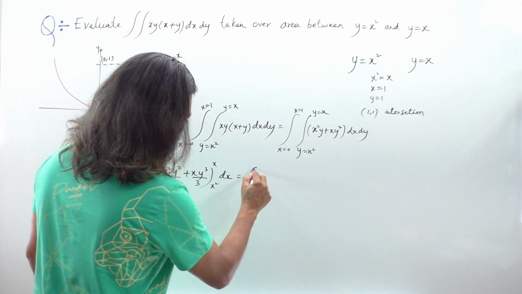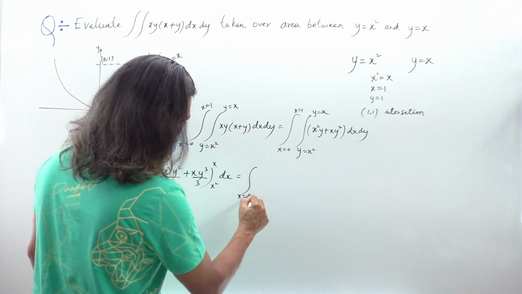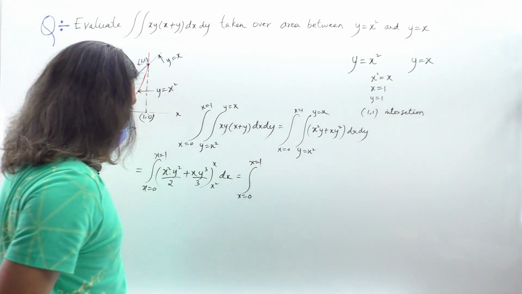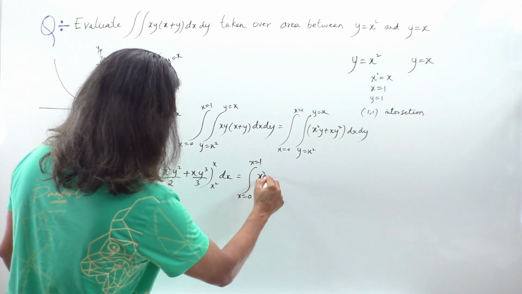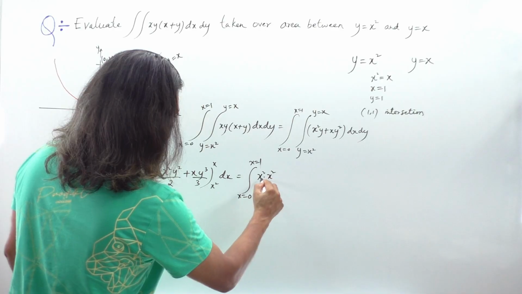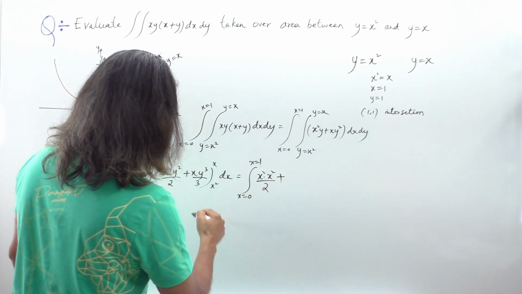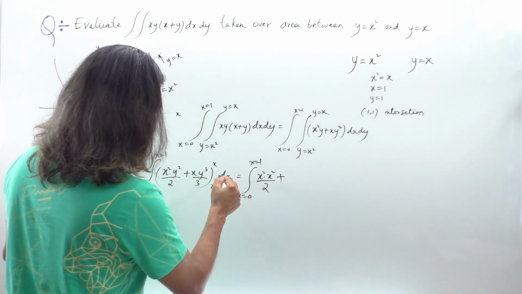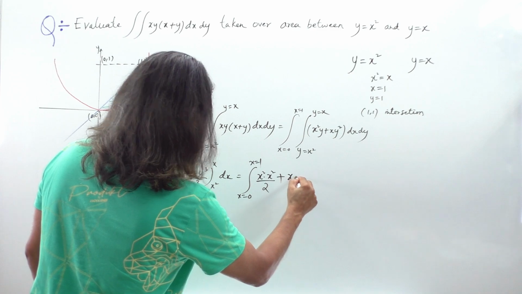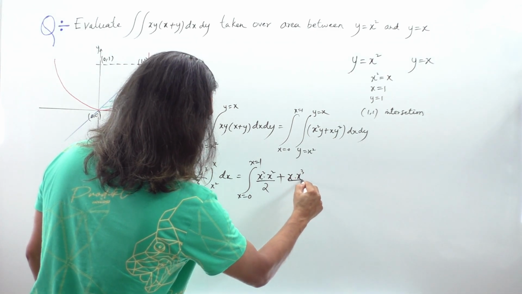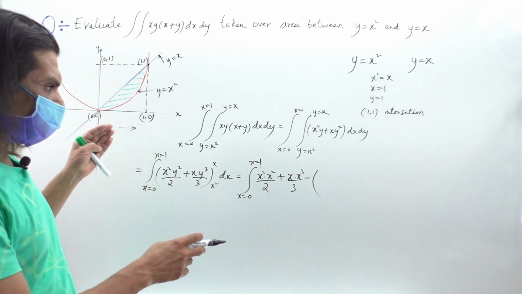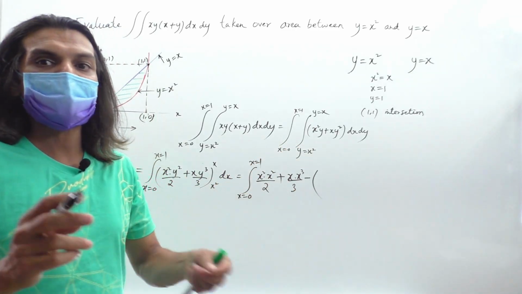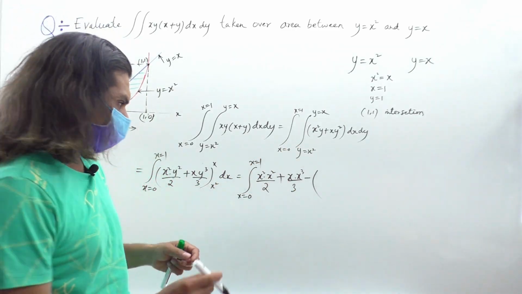So this will be x is equal to 0 to x is equal to 1. Now in place of y, put x: x into x square by 2, plus, in place of y again put x, x into x cube by 3, minus, when there is a minus sign and you are taking the next down limit, always put a bracket. It will be helpful.